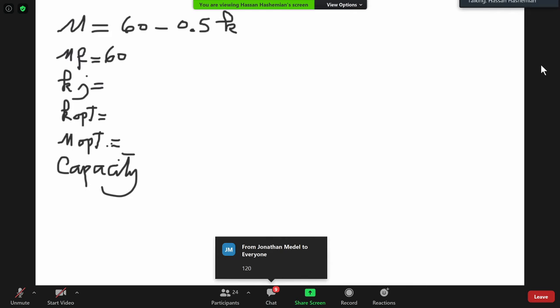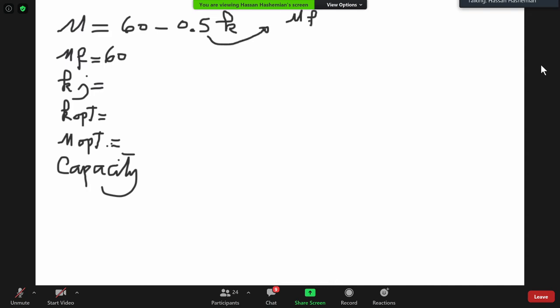Okay, how did you get that? So you see, this 0.5 is mu f over kj, which is equal to 0.5, correct? So if mu sub f is 60, correct? So kj got to be 120, correct? So that's how you get it.